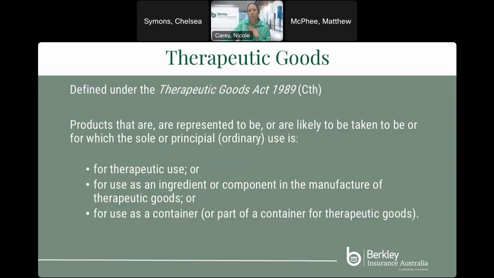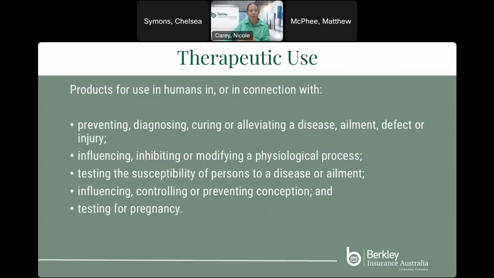As with lots of definitions in legislation, one definition leads to another one. So the term therapeutic use is also a defined term within the Therapeutic Goods Act. So we're looking at therapeutic goods, which are used for a therapeutic use. And this slide here just goes over what the definition of a therapeutic use is.